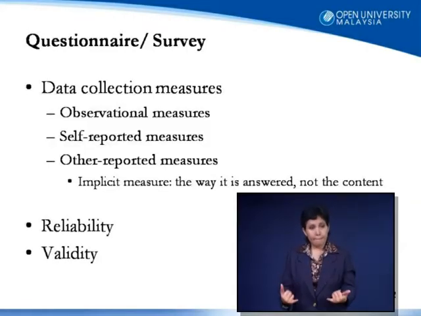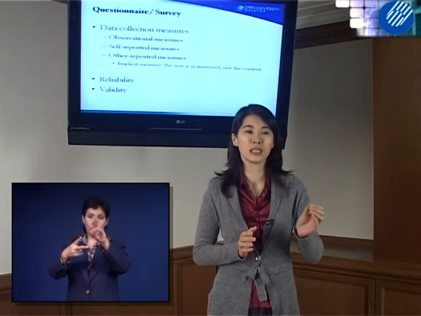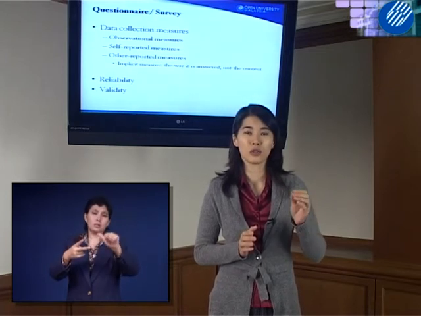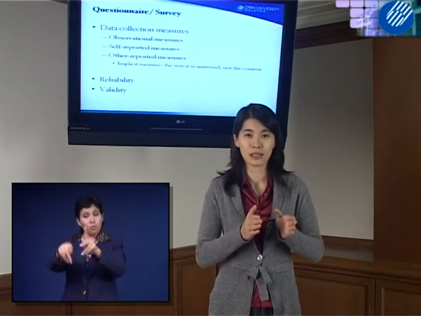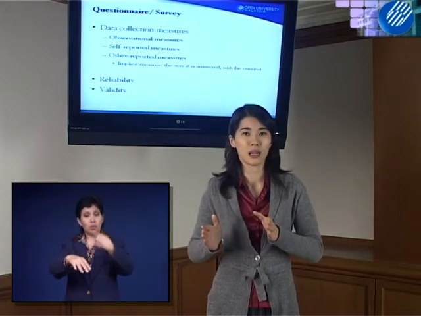Now, when you do an experiment or anything, you need to look at these two, reliability and validity. And these two are very important. Reliability means the questionnaire that you give to other people is tested from time to time, and the result will be the same.